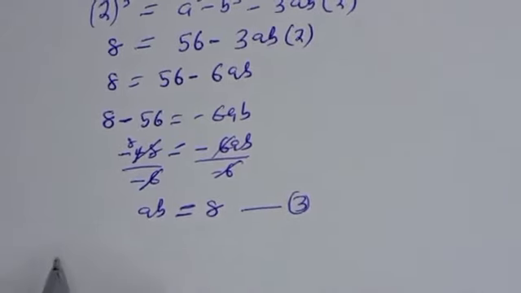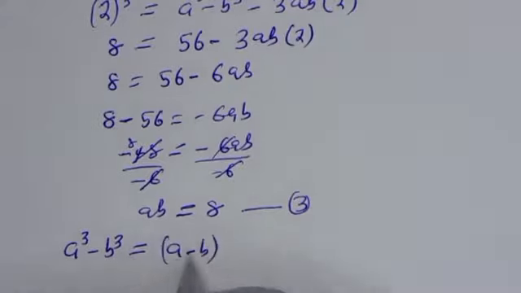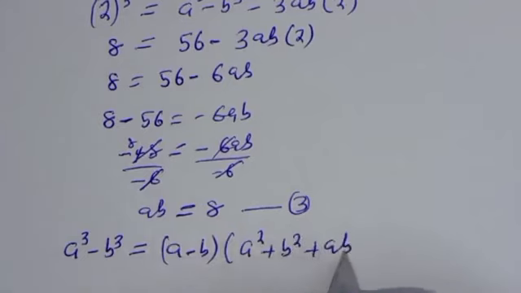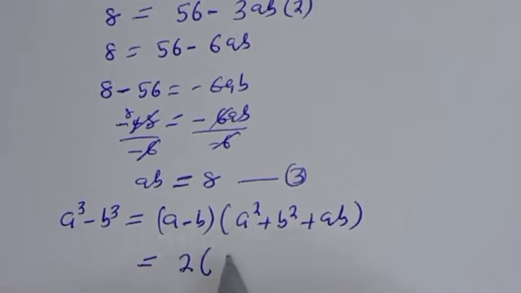Also, note that a raised to power 3 minus b raised to power 3 is equal to a minus b bracket a square plus b square plus ab. Then we know that a minus b is equal to 2 from equation 1. This is equal to 2 bracket a square plus b square plus ab.